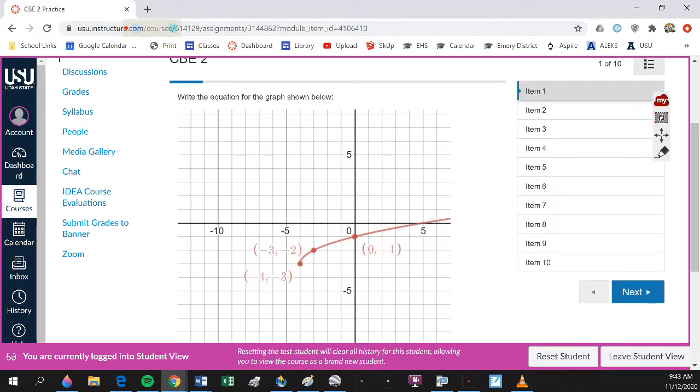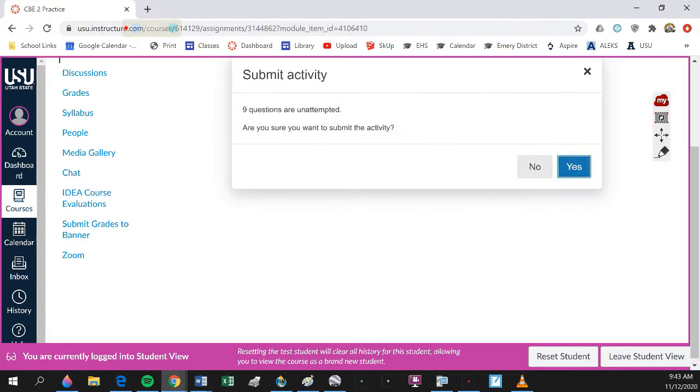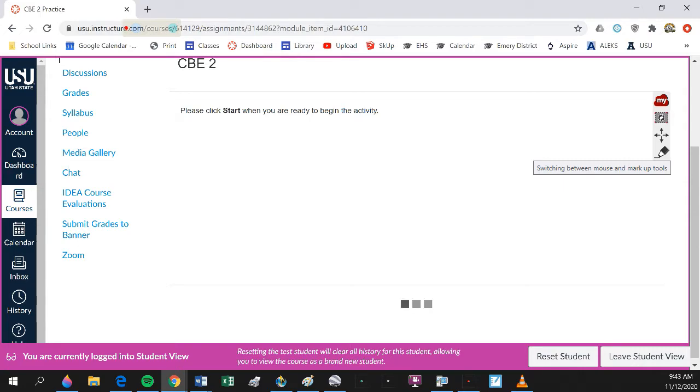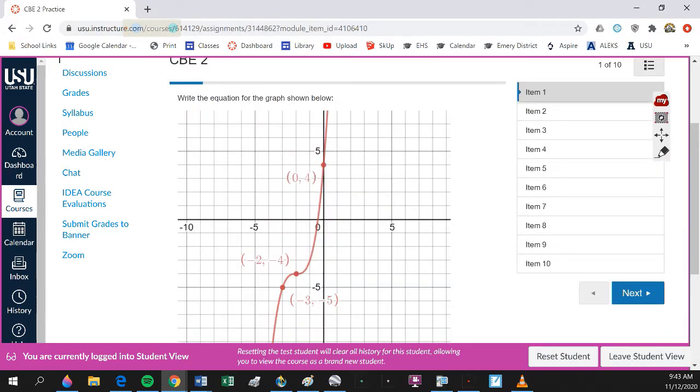That's the same problem. Okay, let's try that. Finish. Yes. Retake, 0%. Good job. Start. Okay.